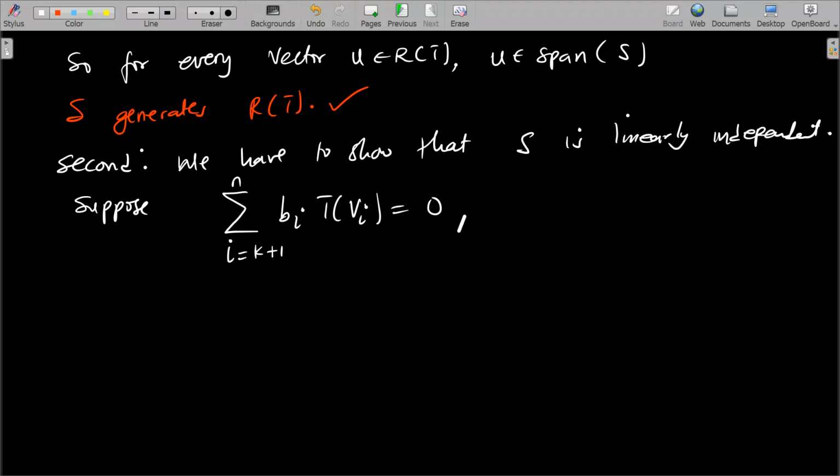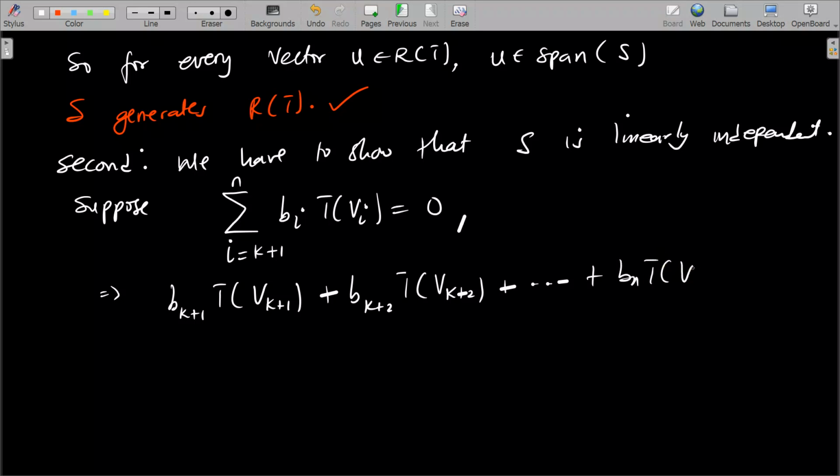On the other hand, this is the same thing as b_{k+1} T(v_{k+1}) plus b_{k+2} T(v_{k+2}) plus all the way to b_n T(v_n). That is what I've written compactly here, that a summation of them should give me the 0 vector.